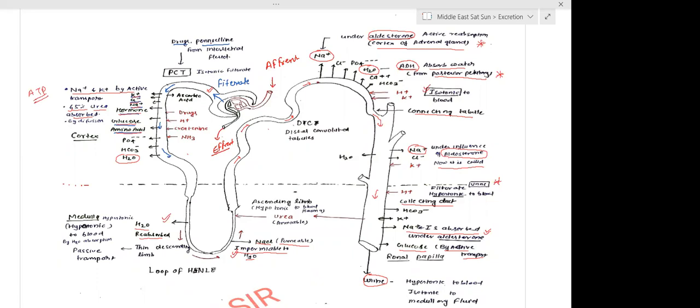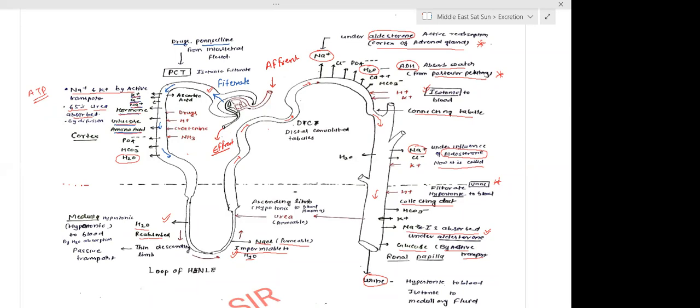Aldosterone is secreted by the cortex of the adrenal gland. Chloride ions are also reabsorbed.